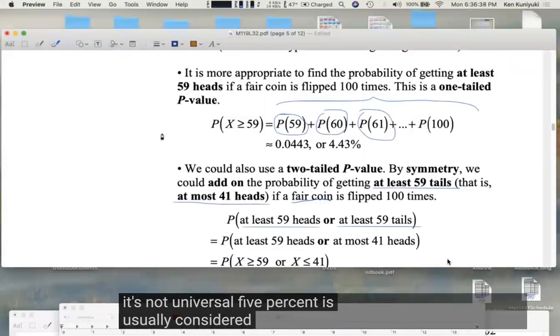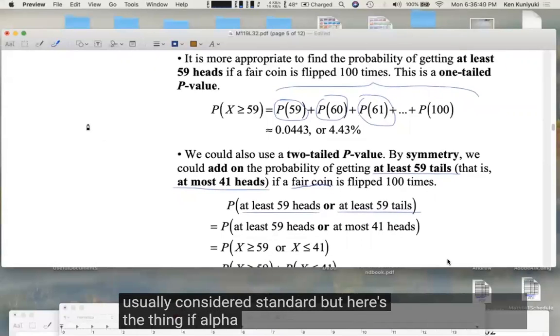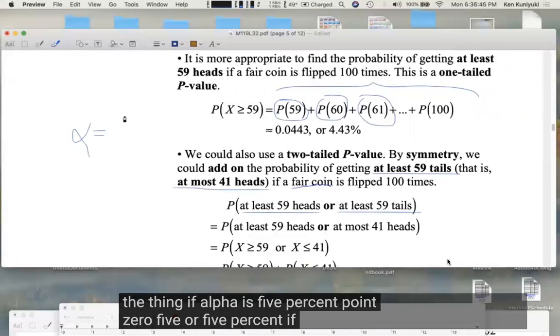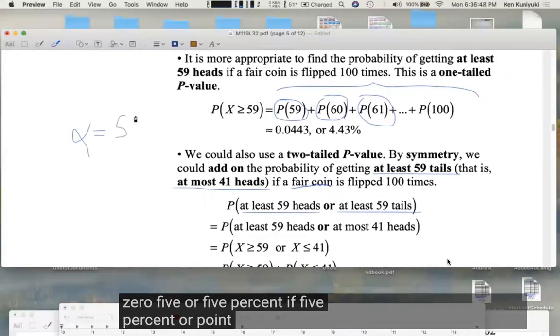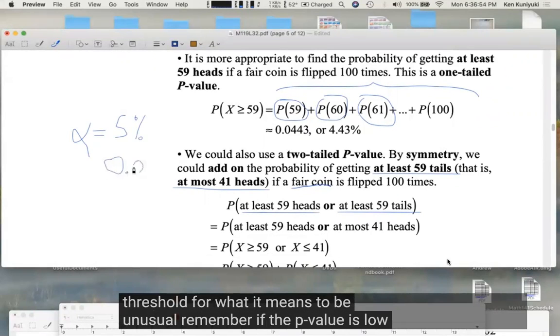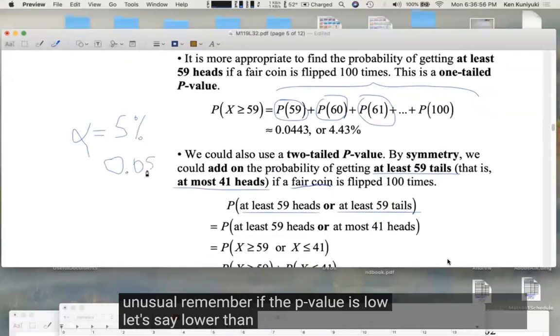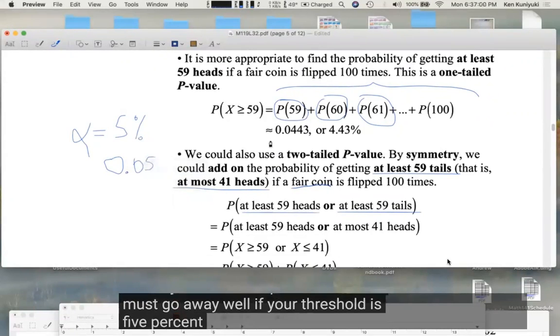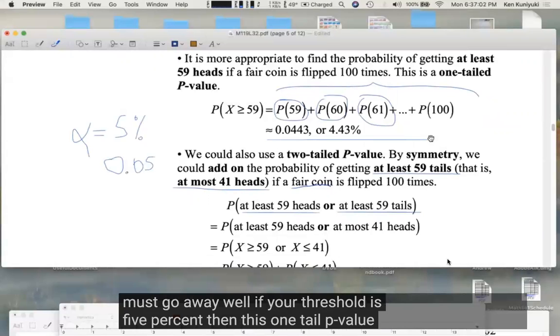But here's the thing. If alpha is 5%, 0.05 or 5% is our threshold for what it means to be unusual, remember, if the p-value is low, let's say lower than alpha, then the null must go away. Well, if your threshold is 5%, then this one-tailed p-value is too low.